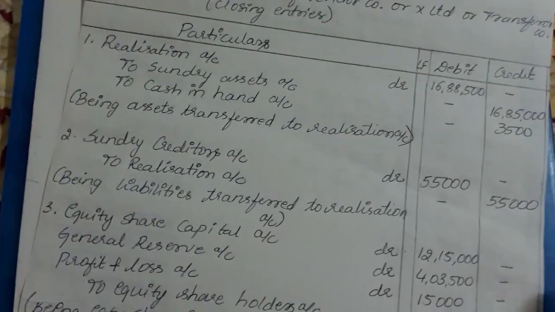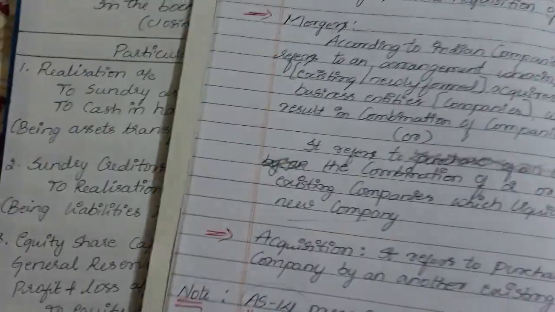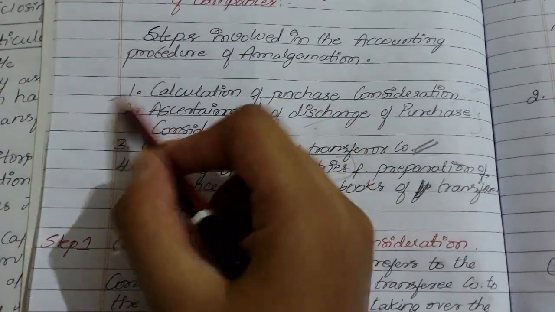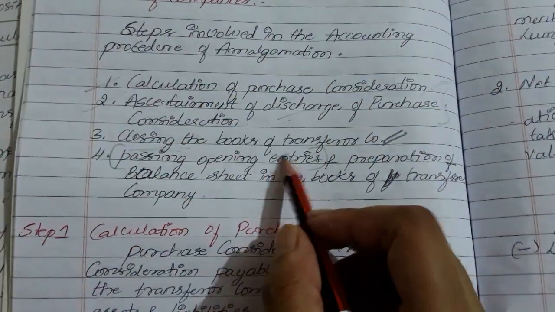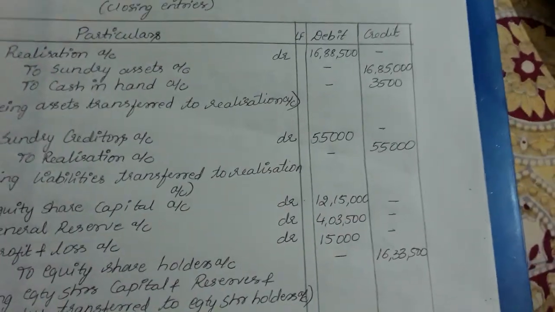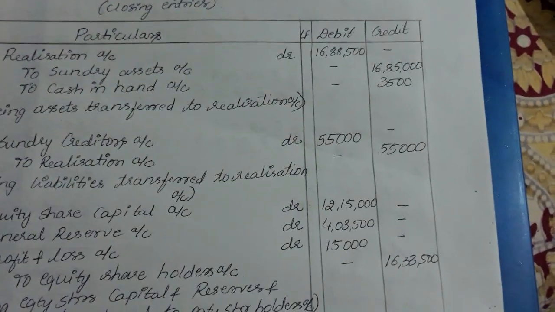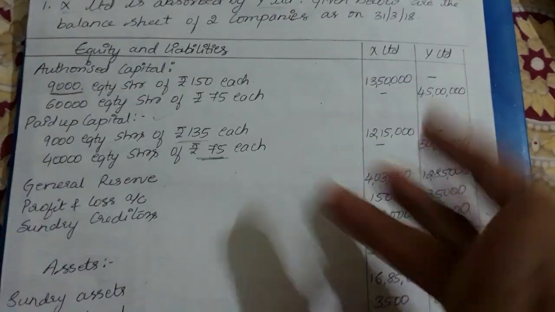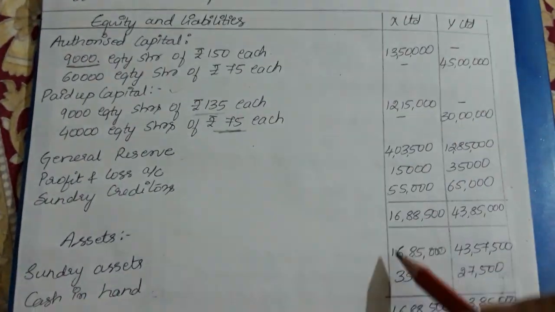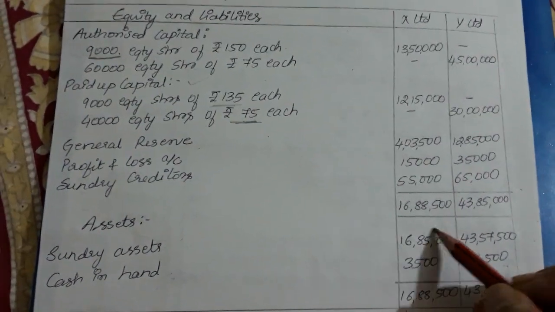Next, according to the steps, the first 2 are satisfied. Next is closing the books of the transferor company. We need to close the books of accounts of the transferor company. So all the balance sheet items of X Limited need to be removed, eliminated.